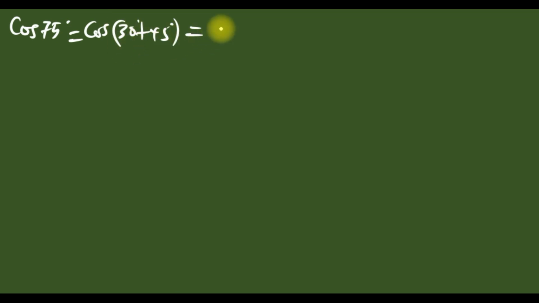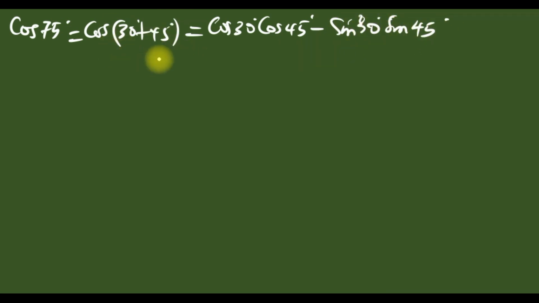Cos 75 is a combination of 30 and 45, so this is cos of 30 plus 45. Using our addition identity from our first video for cosine: cos 30 cos 45 minus sine 30 sine 45.